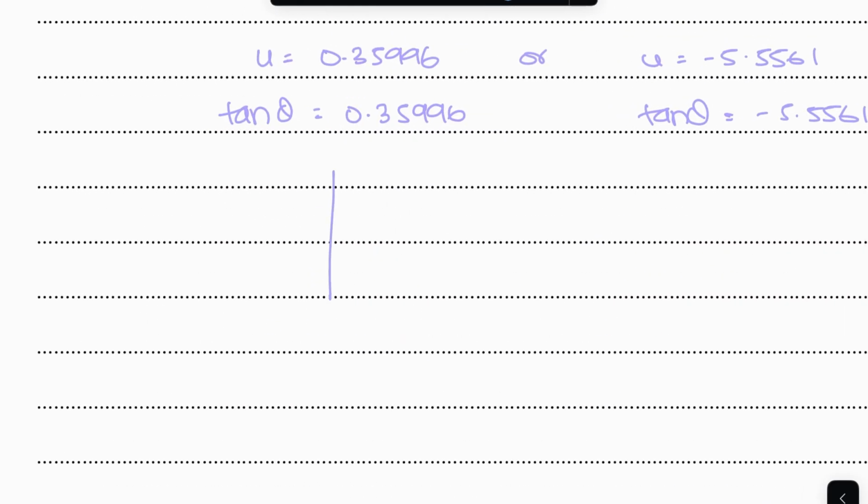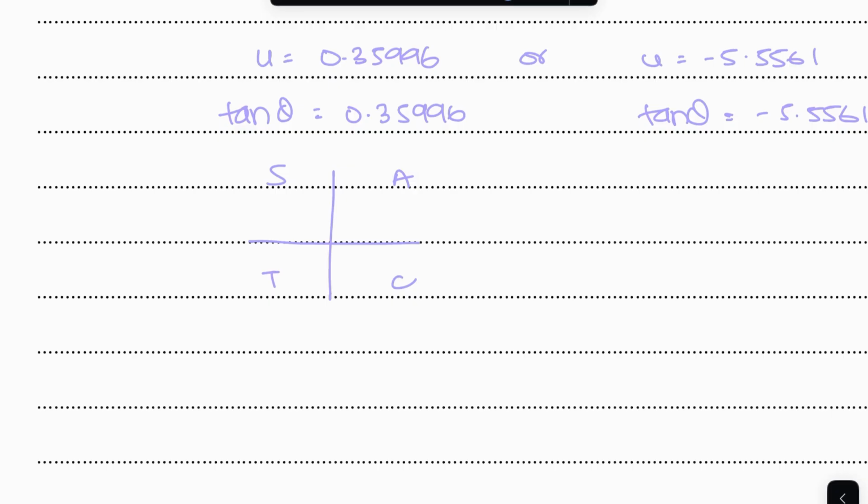We know that we have 4 quadrants, A, S, T, C. In the first quadrant, everything is positive, in the second sine is positive, in the third tan is positive, and in the fourth only cos is positive.